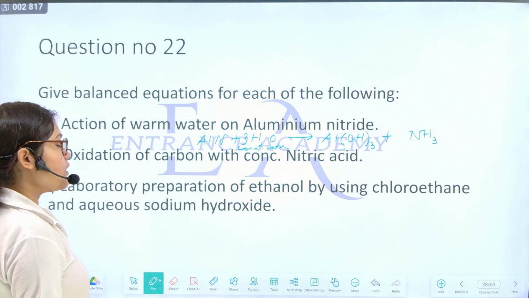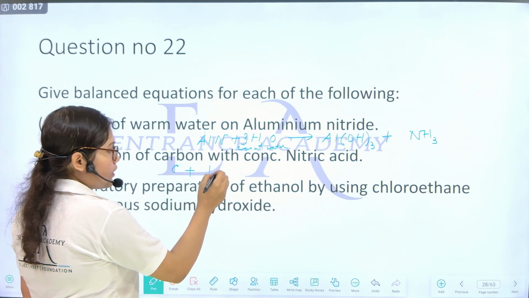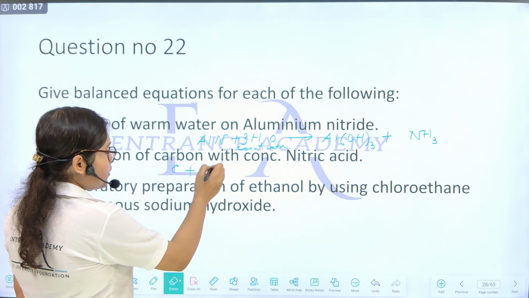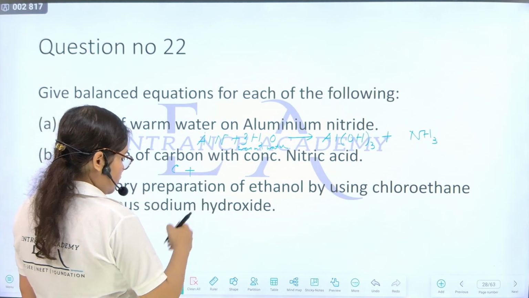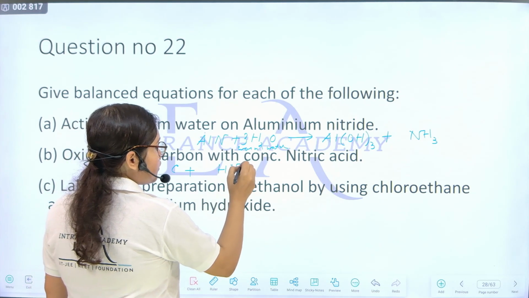Oxidation of carbon with concentrated nitric acid. So this one is concentrated nitric acid.